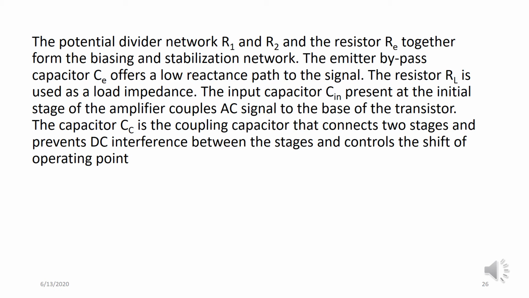The input capacitor Cin present at the initial stage of the amplifier couples the AC signal to the base of the transistor. The coupling capacitor Cc connects the two stages, prevents DC interference between the stages and controls the shift of the operating point.